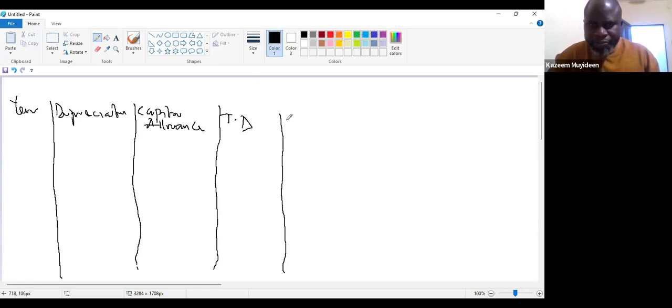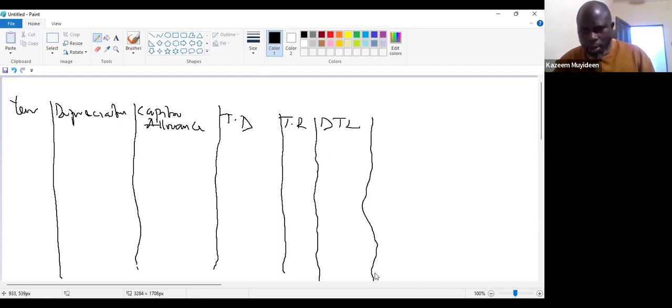Tax rates. Next is my deferred tax liability, then either charge or credit to the income statement. This is it.